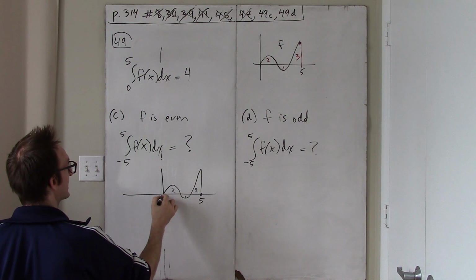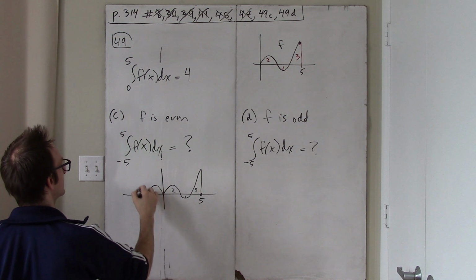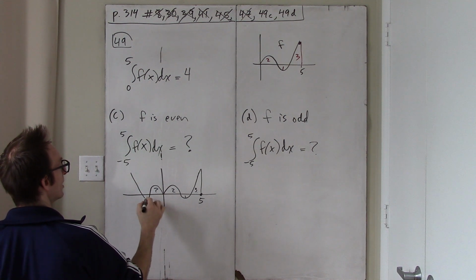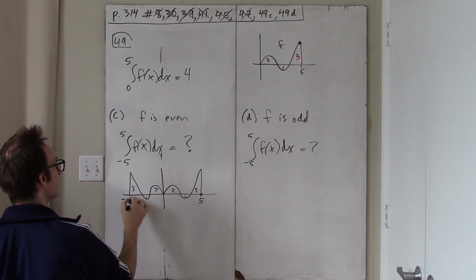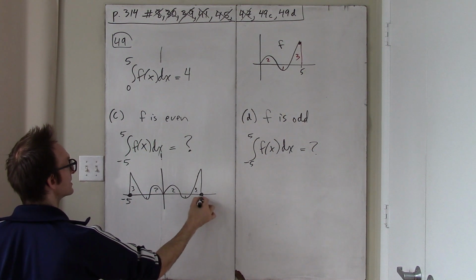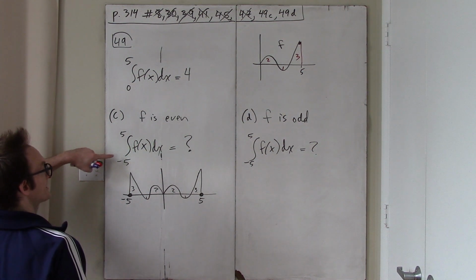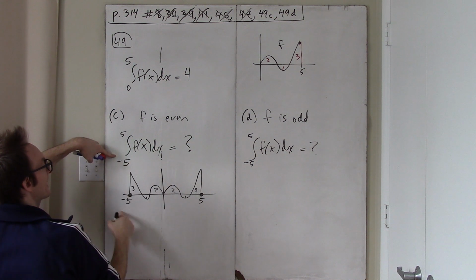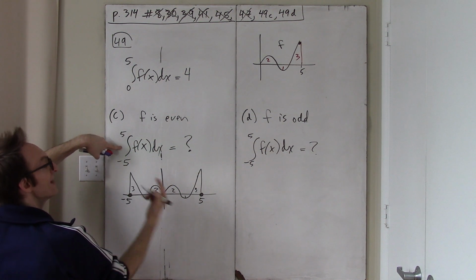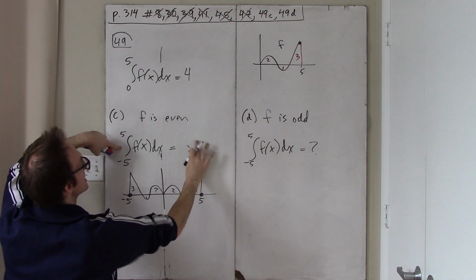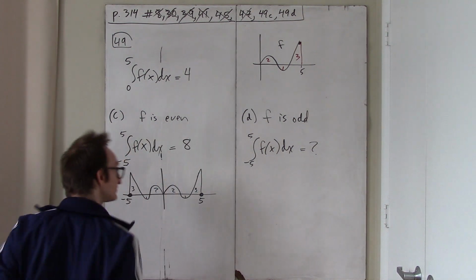And so we get, can I draw this? Sure I can. A 2, 1, 3 type situation over here as well. This is just a very long-winded way of saying that this function on the interval -5, 0 looks exactly like this function on the interval 0, 5 except flipped. And so this is certainly just going to be 8.